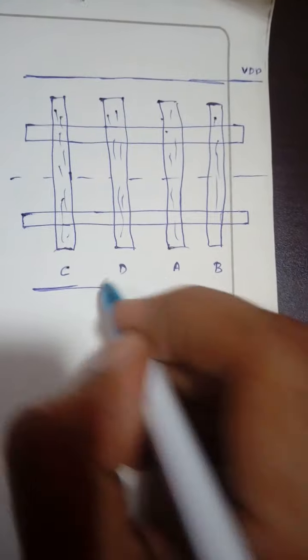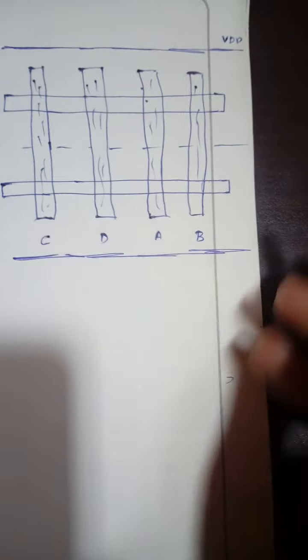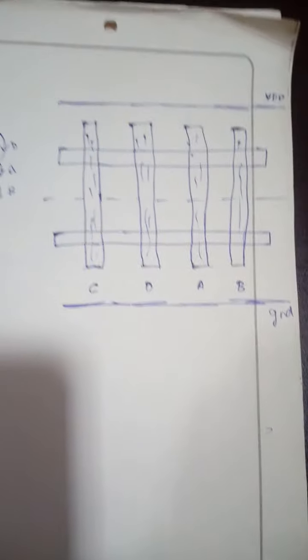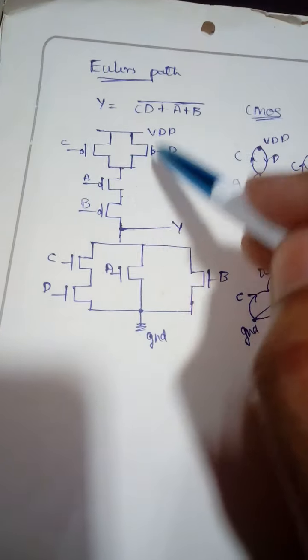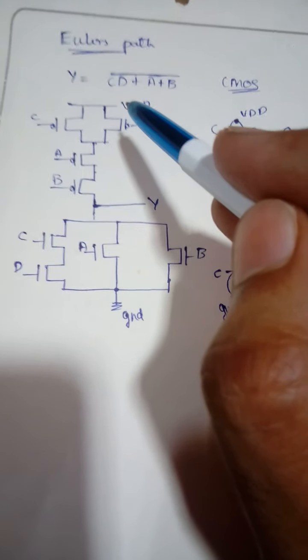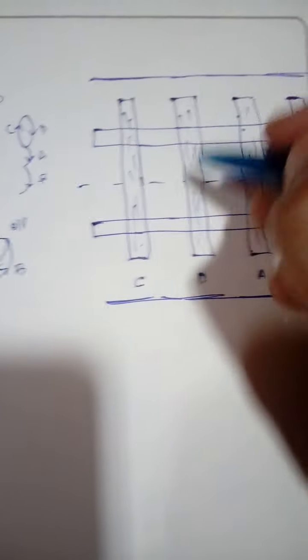And similarly I'll also draw the metal paths, which is VDD, and here I'll draw one more metal path, which is ground. Now what you have to observe, if you observe the circuit diagram, this C and D is connected to VDD, right?